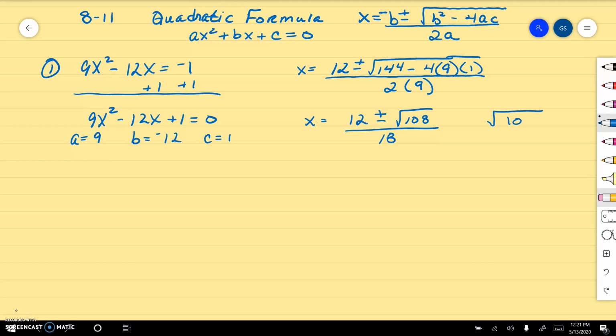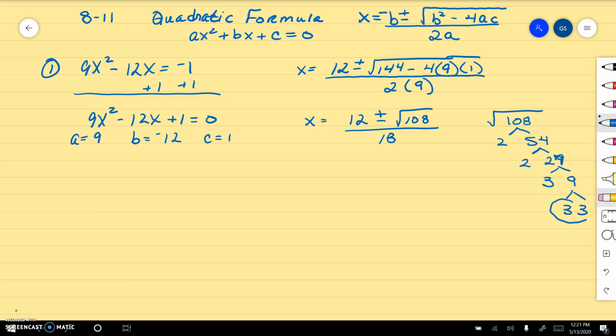We're going to take that 108 and break it down. So 2 times 54, 2 times 27. Sorry about that. 3 times 9 is 27, and 3 times 3 is 9.